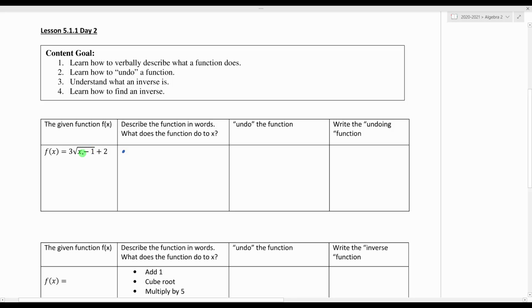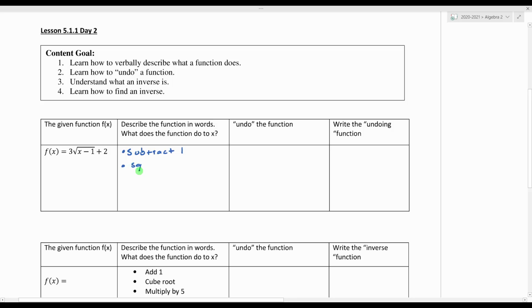And so if I'm inside of the square root, I see this minus 1. Okay, so that is the first thing that was done. So I'm going to say minus 1, or actually I should say subtract 1. I say one thing, my brain's thinking another. So we're going to say subtract 1. And then the second thing is the square root. There's nothing else done inside of the square root, so the next thing that was done after I subtracted 1 was we square root.